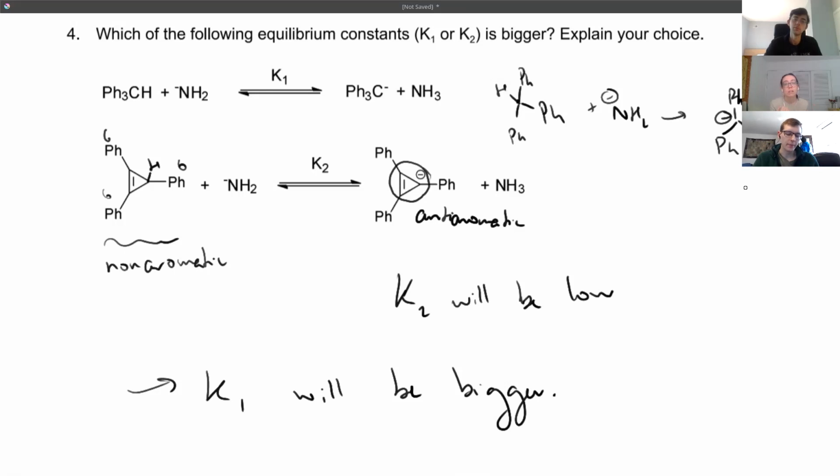Yeah. The thing to keep in mind with aromatic or anti-aromatic is that aromatic is more stable than you would expect. Anti-aromatic is less stable than you would expect.